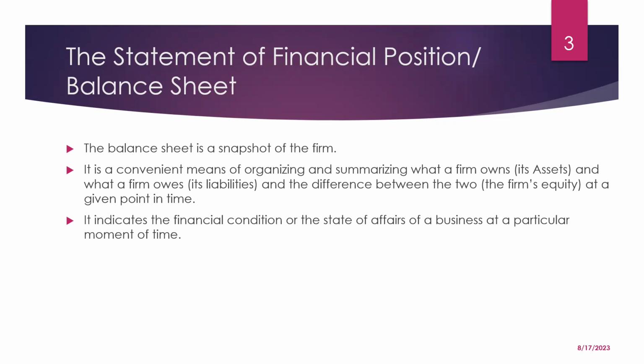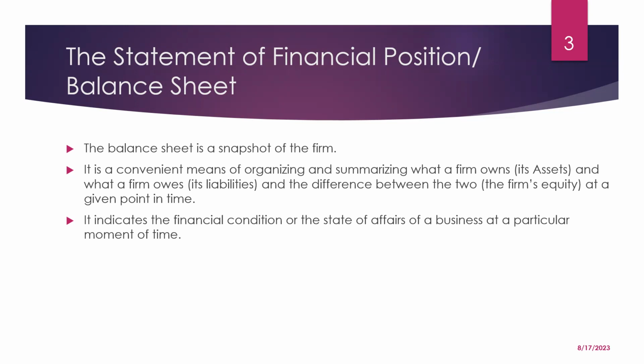So let's say, as at 31st of December, what is the company's position? What are the company's assets, what are the company's liabilities, and how much is the company's equity?